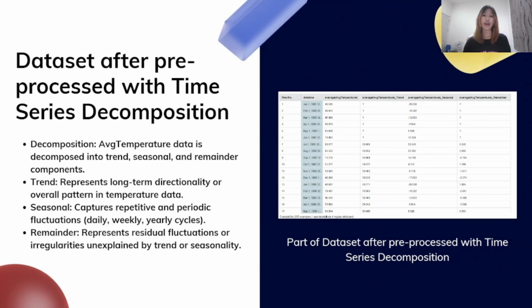The dataset after preprocessing with time series decomposition: the average temperature data is decomposed into trend, seasonal, and residual components. This decomposition provides insight into long-term patterns, seasonal fluctuations, and residual noise.